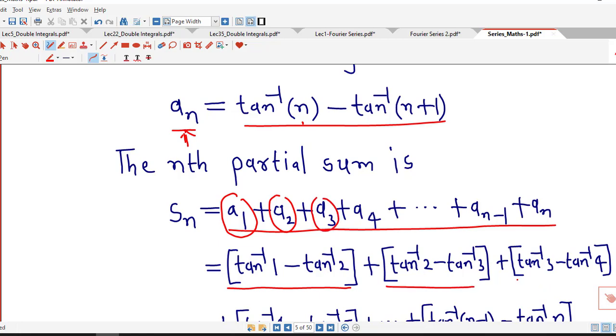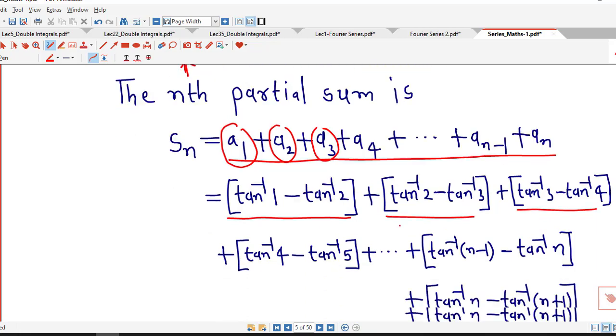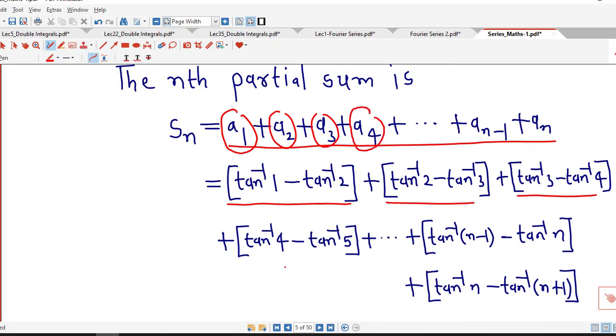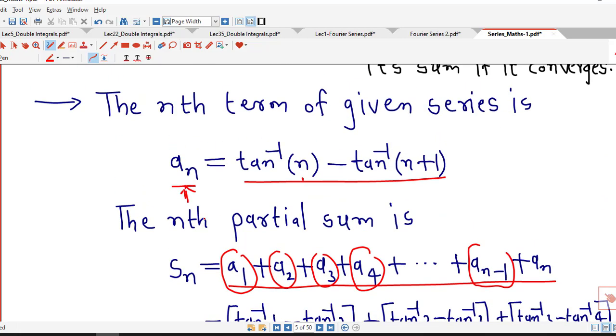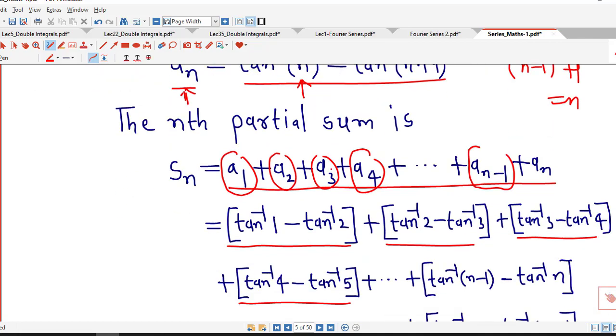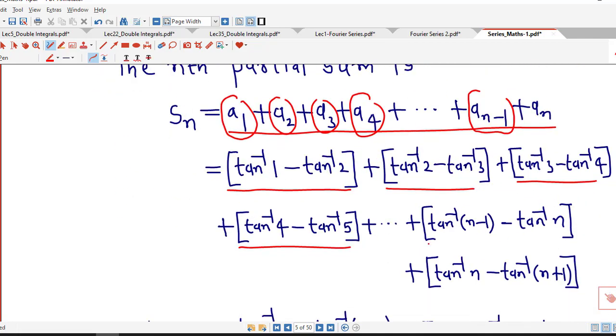Similarly, a3 is tan inverse 3 minus tan inverse 4. a4 is also written as tan inverse 4 minus tan inverse 5. an minus 1, that is the n minus 1th term, is tan inverse of n minus 1 minus tan inverse of n minus 1 plus 1, which is n. So the n minus 1th term is tan inverse of n minus 1 minus tan inverse n, and the nth term is tan inverse n minus tan inverse n plus 1.